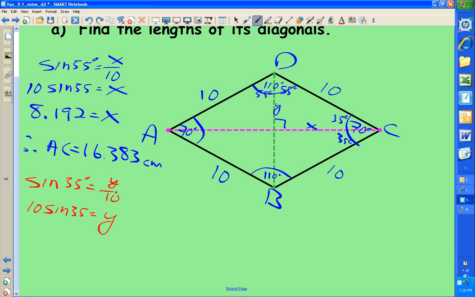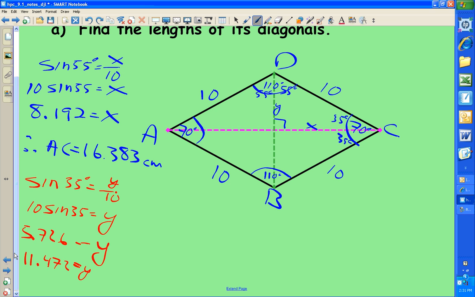What's y equal? And if you double right away, 11.472.